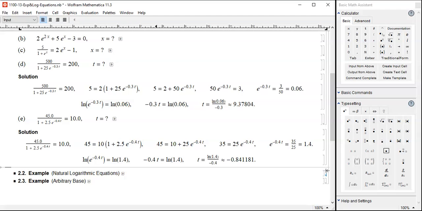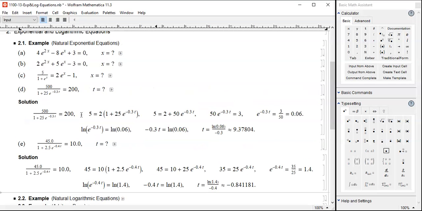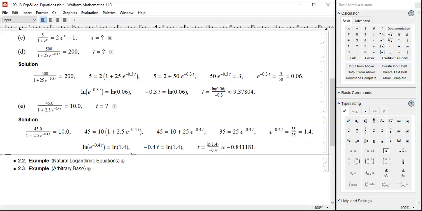So do you feel all okay about these kind of problems? Now, why do we study these kind of problems? These two types of problems down here, problem D and E, those kind of problems are called logistic models.